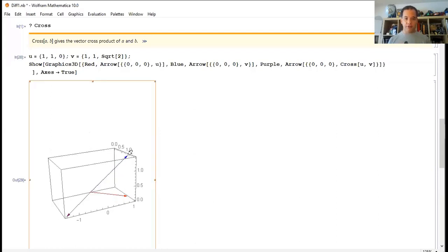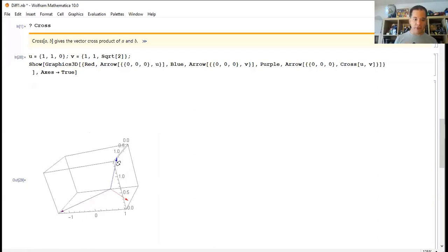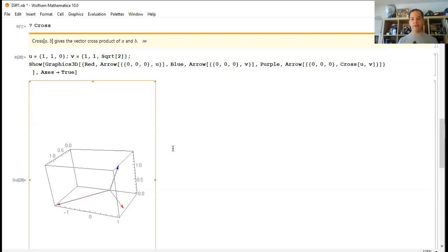The purple one is on top. This is the side view that I was showing you before. You can almost see the 45-degree angle. And then the purple vector is coming towards us, and it's of magnitude 2. From here you can appreciate it. So to match it with my first picture, it would be like this, more or less. All right? Okay.